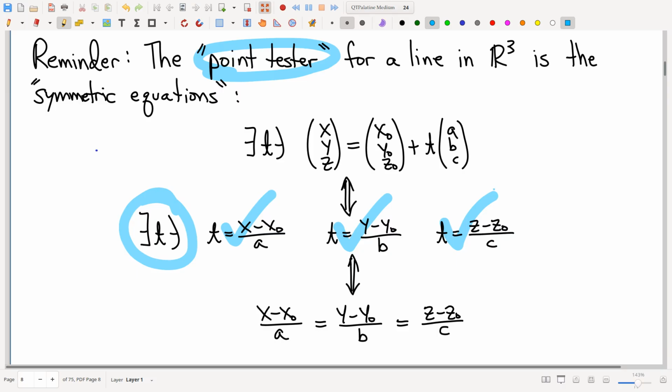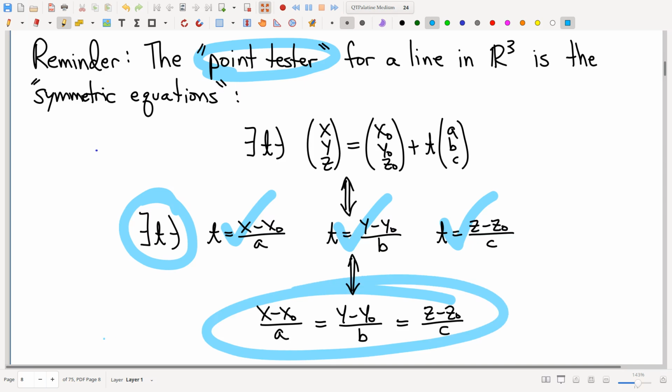Okay. The only way that you could possibly have a value of t that's equal to three things is if those three things are equal to each other. Can you think of a value of t that's equal to 4 and 4 and 4? Yes. The answer is 4. Right? Does that make sense? It's silly, but that's the big idea.